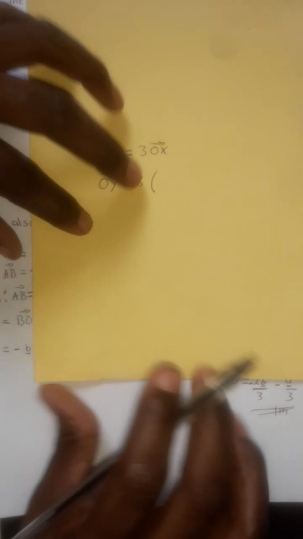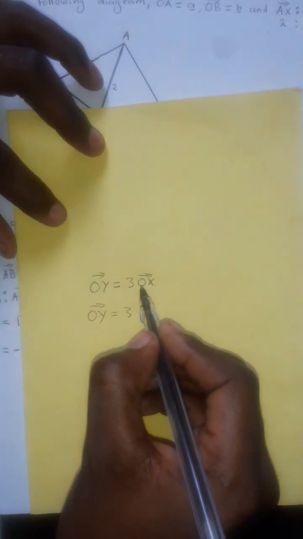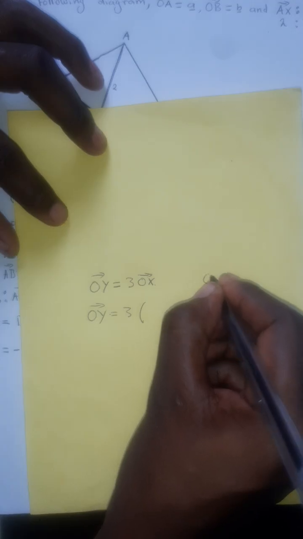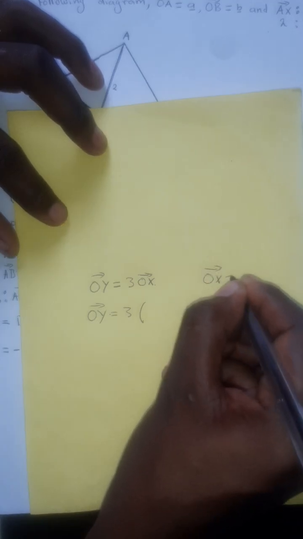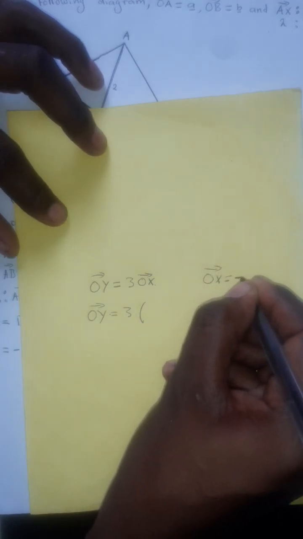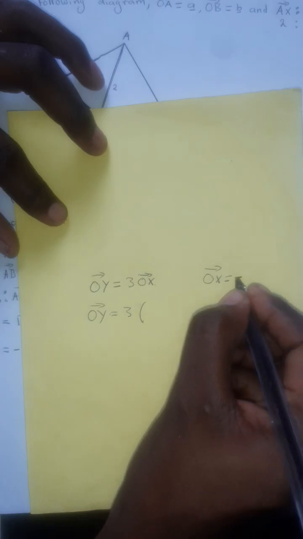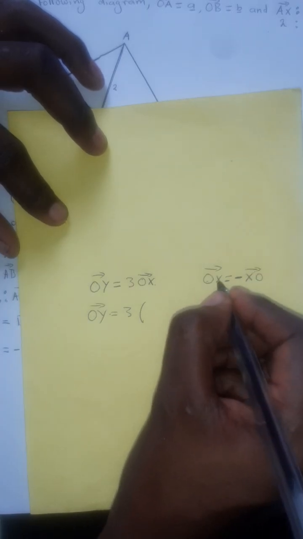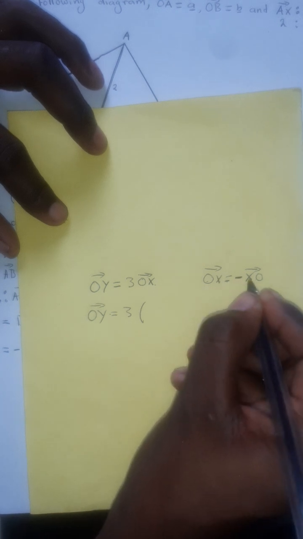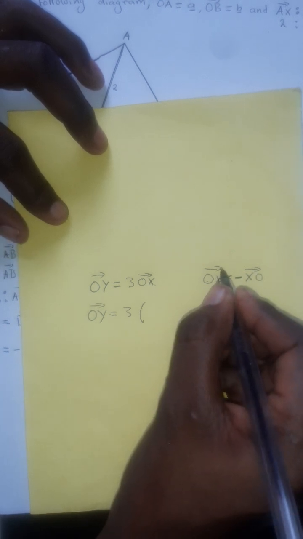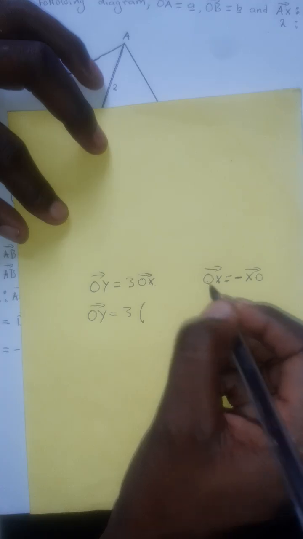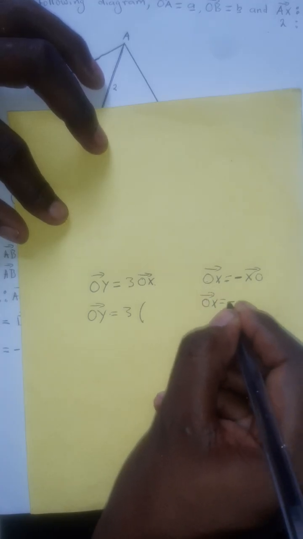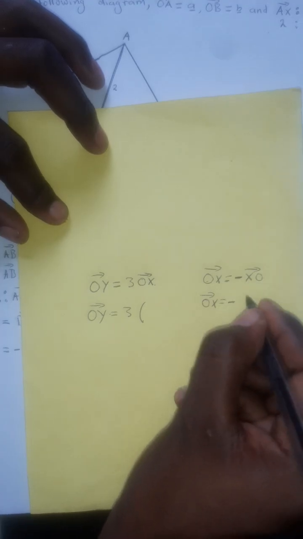So here, if I want to find OX so that I have OY, I'll say OX is the opposite, that is a negative, of what? XO. OX is the opposite of XO, which means we've interchanged this direction. What is XO?